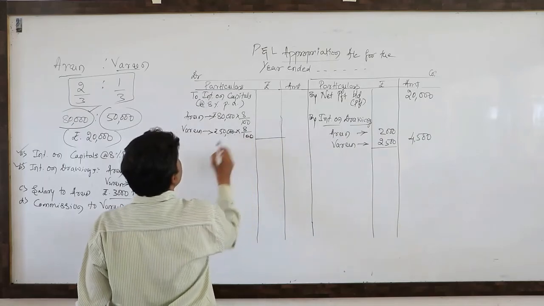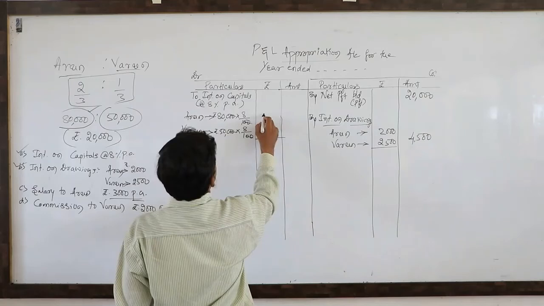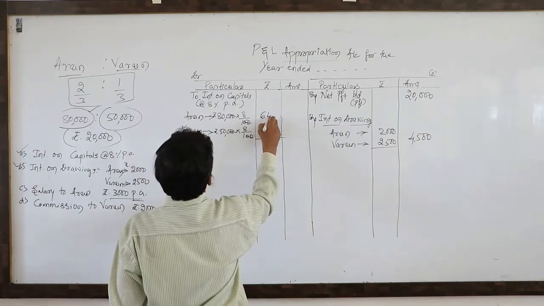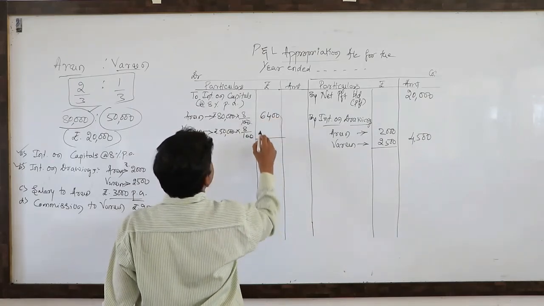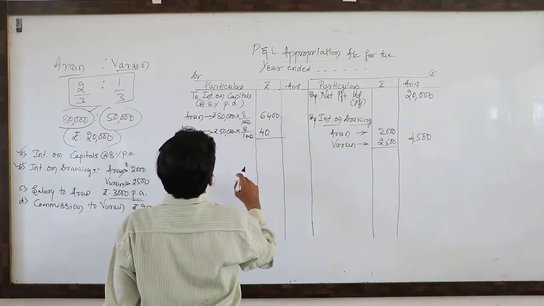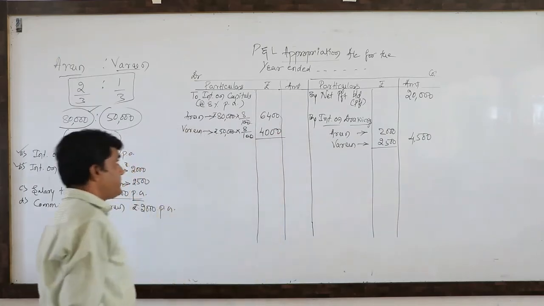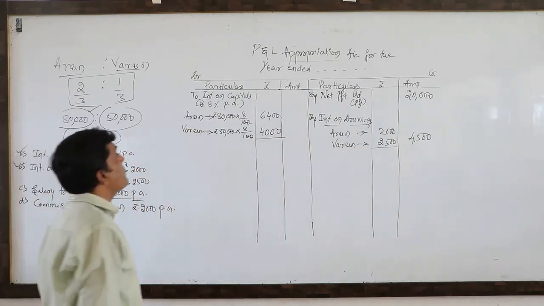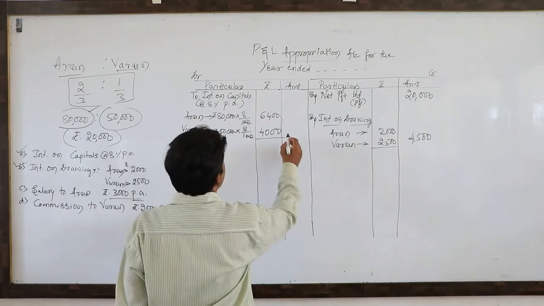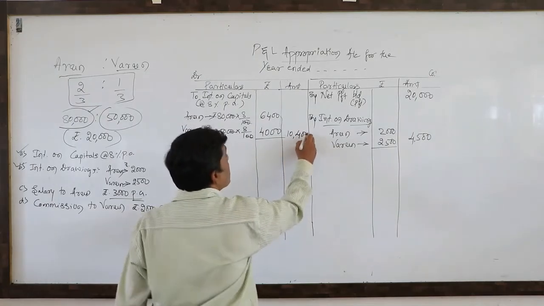Just remove these two. Interest on the same, the total is 10,400.